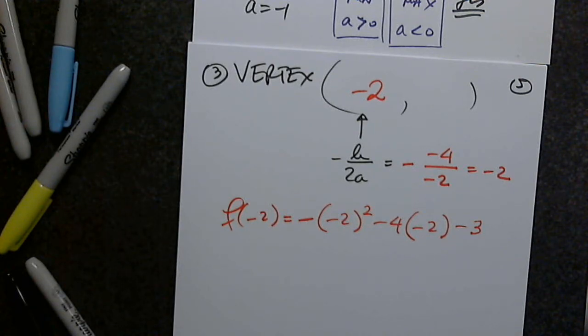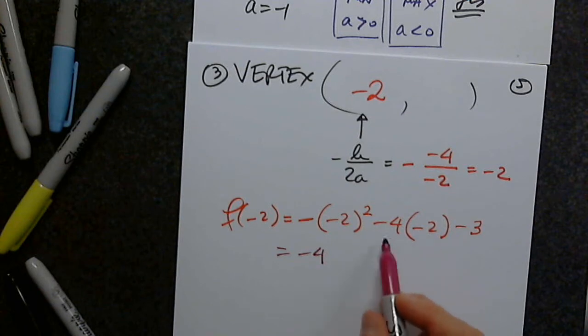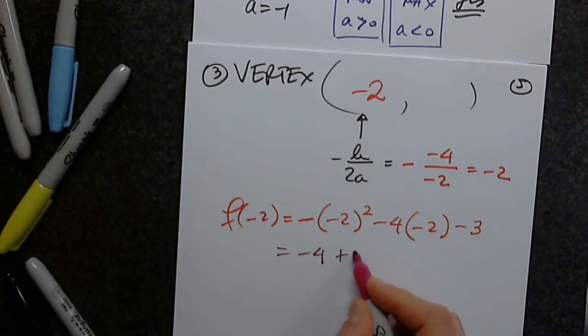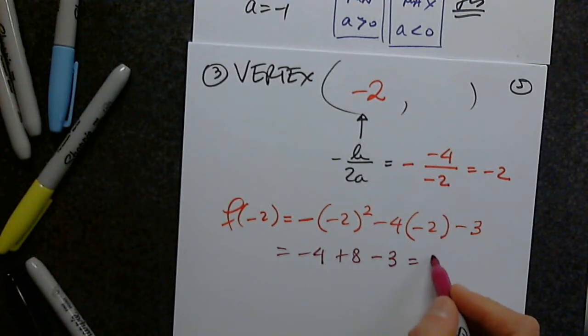I have to be very careful. So -2 squared is 4, but with minus in front will be -4. This product, -4 times -2, is +8 and then -3. So the answer is 1. So we determine the vertex that's -2, 1.